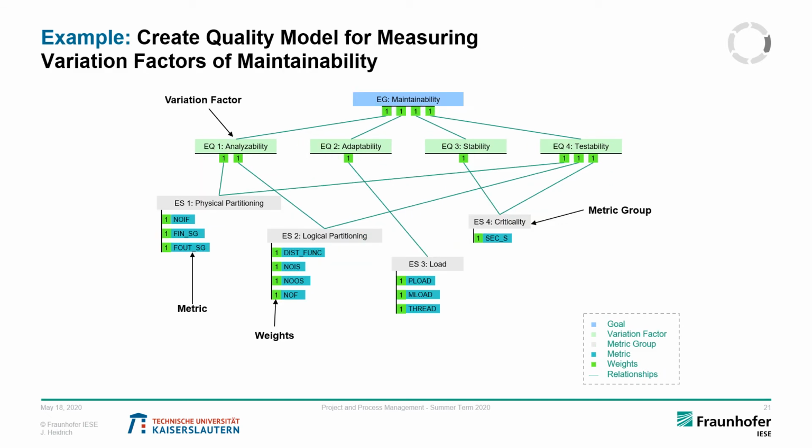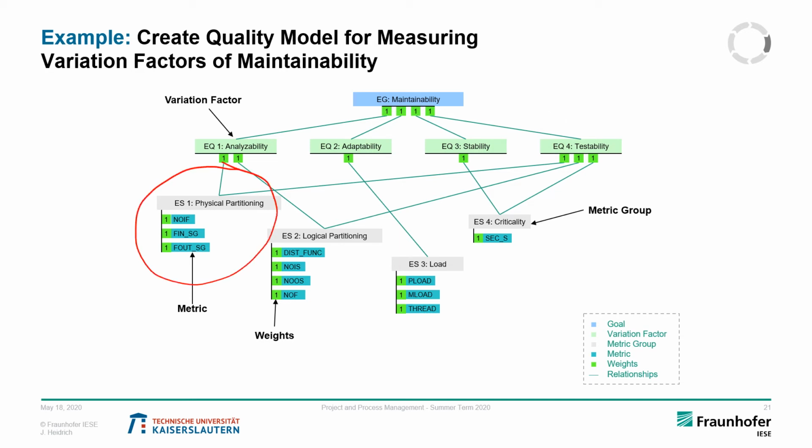So this is the second model I was talking about regarding the influencing or variation factors of maintainability. Here we need to think about, okay, what has a positive or potentially negative impact on the maintainability? And here we basically have some metric groups that are regarding how the control unit software is embedded into the control unit itself, such as the physical partitioning.